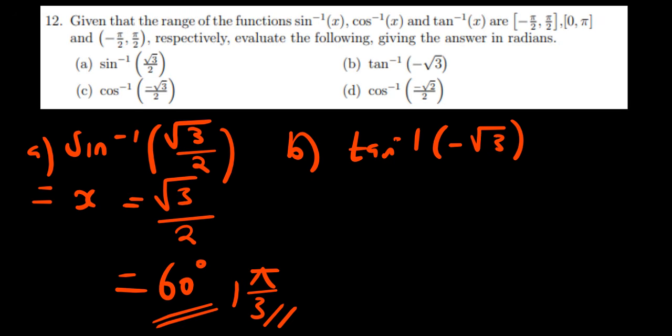Now when you go to B, we are finding tan inverse of the square root of 3. Initially, how was it? That's the question you should ask yourself. It means that tan theta, or tan x, was equal to the square root of 3.